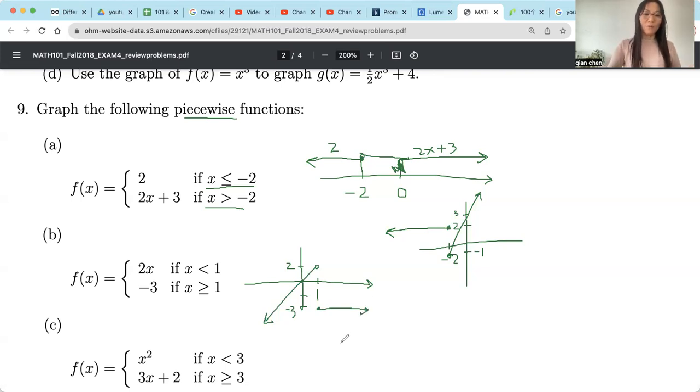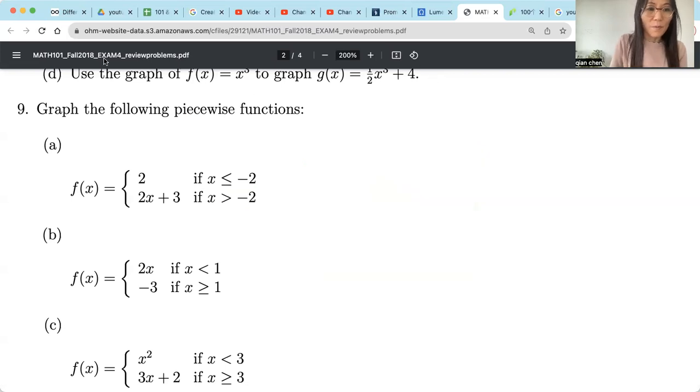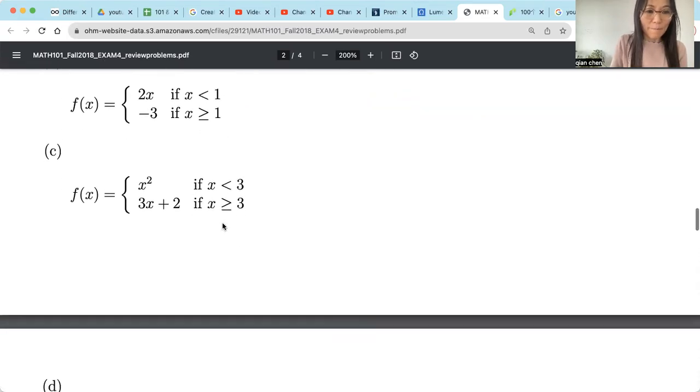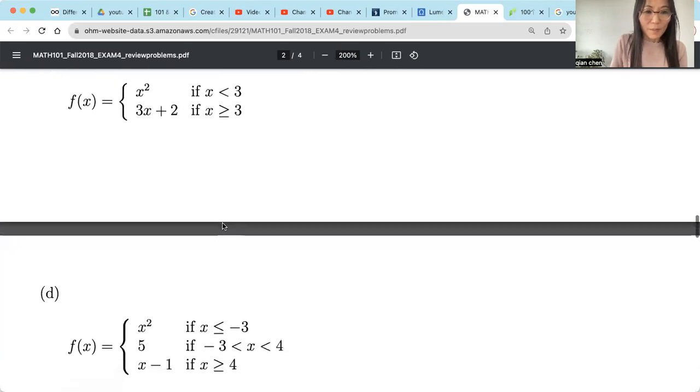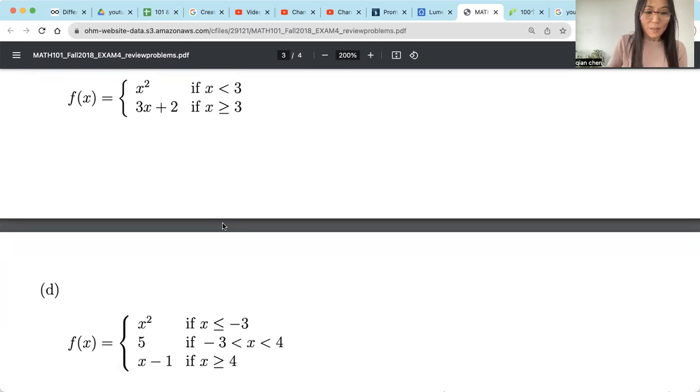So this graph of B, the function has this graph, also 2 straight lines. Now let's see C. C and D. So C, also 2 pieces.